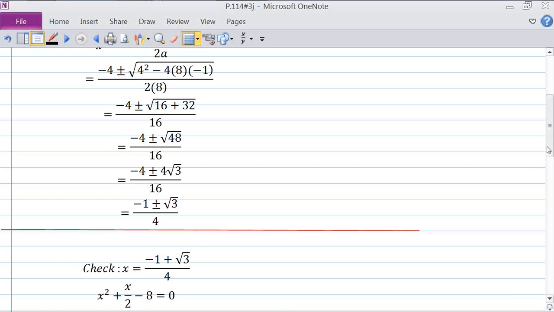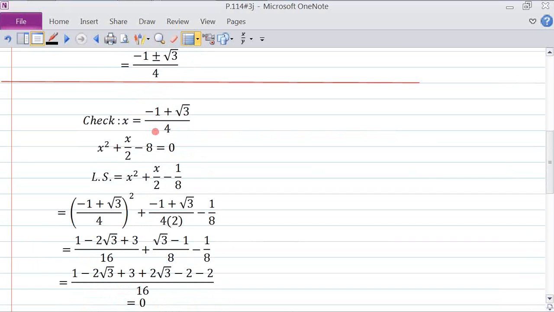Now to check this answer, we put it back into the original equation, x squared plus x over 2 minus 8 equals 0. Choose the left side, which is this, and put minus 1 plus root 3 over 4 squared for the x squared term. The x over 2 becomes minus 1 plus root 3 over 2, but we have the 4 on the denominator here, minus 1/8.